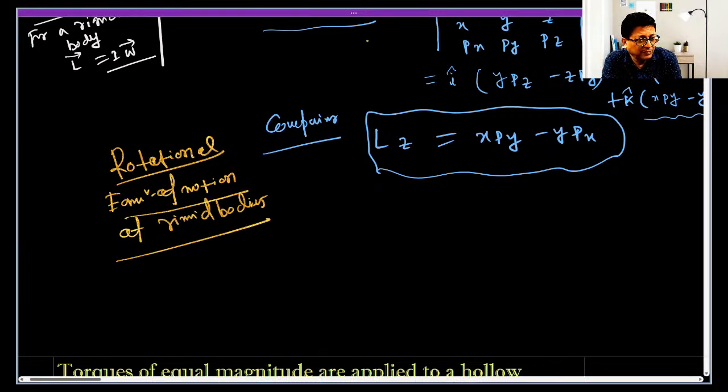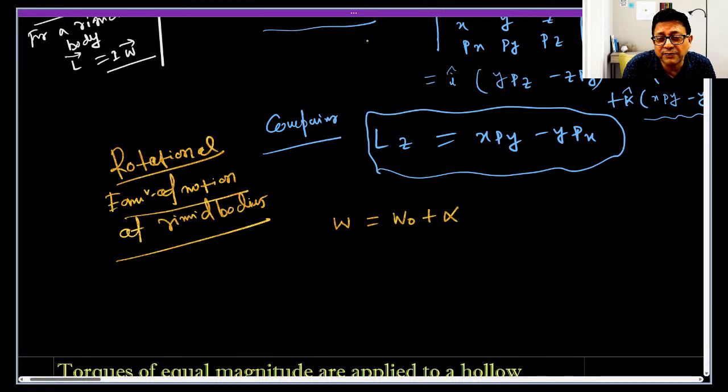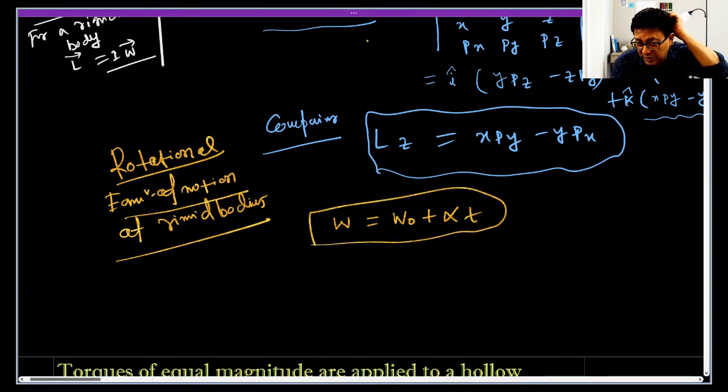What are those? The initial angular velocity with which it starts rotating is omega 0, the angular acceleration is alpha, and after time t the angular velocity will be omega 0 plus alpha t.